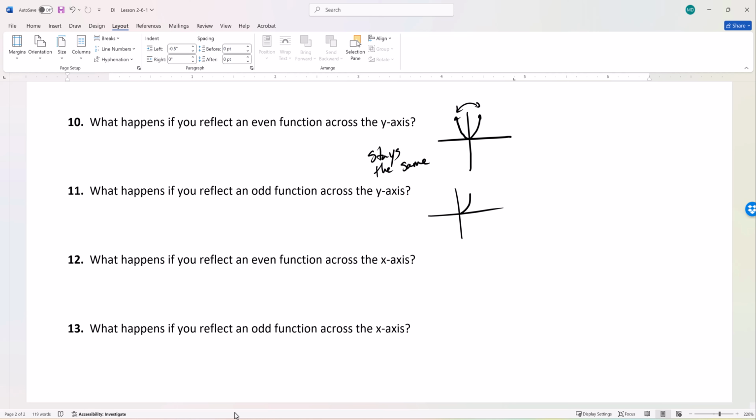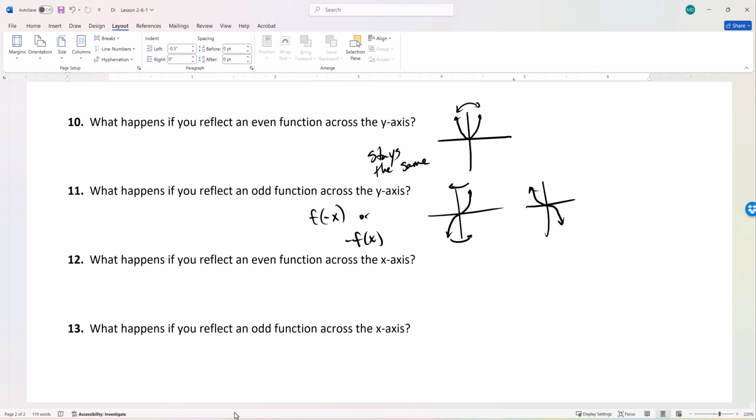So here's an example of an odd function. If I reflect it over the y-axis, it is as if I replaced every x with a negative, or I multiplied my y values by a negative.